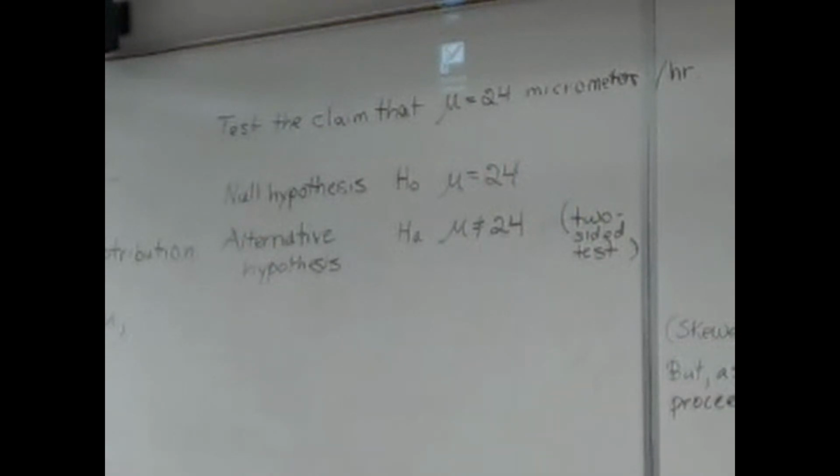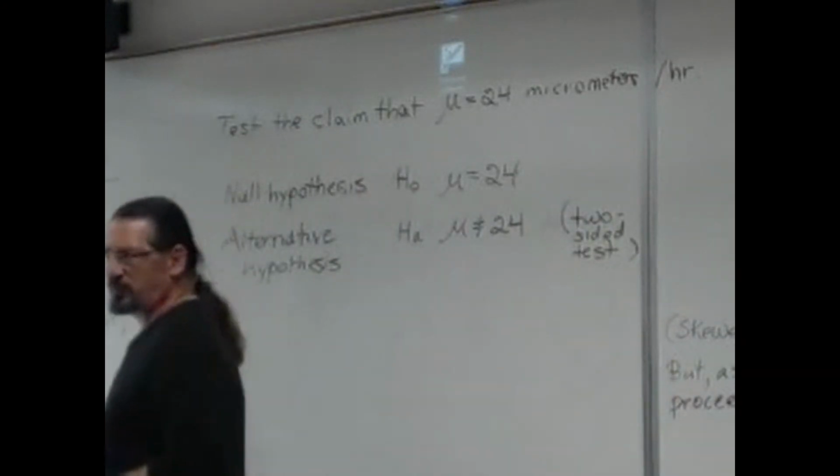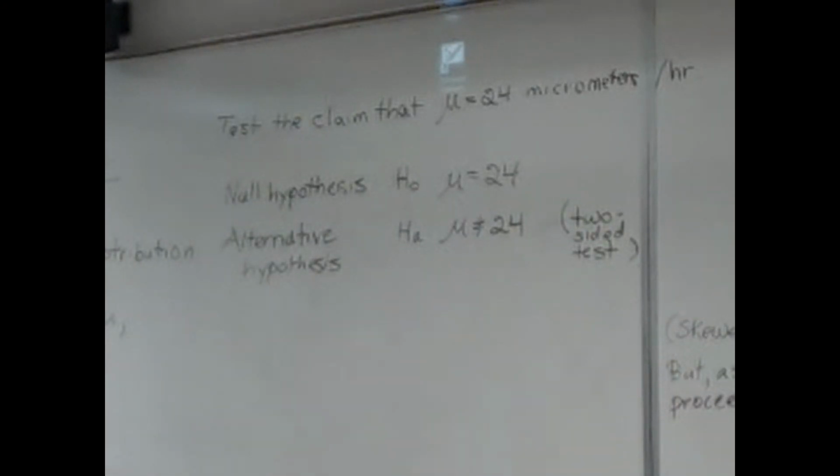I've erased it, but what confidence level were we using? 95%. If I said I was going to set a significance level for this test of 5%, where do you think I'm coming up with that? What's the relation between 95% and 5%? Okay? They'd be probabilities of complementary events.